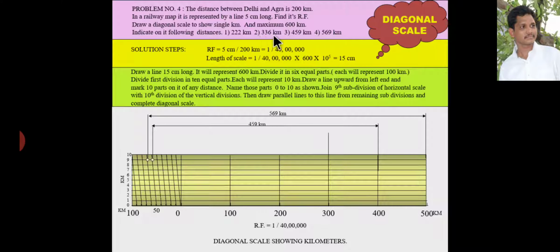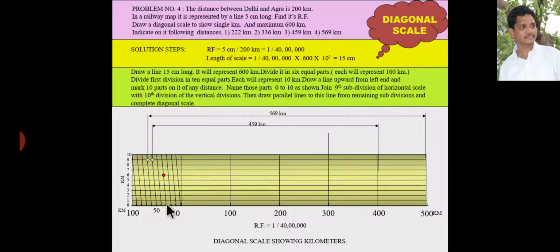Now I will represent the value of 336 kilometers on this scale. First of all, you have to divide this 336 into 300 kilometers plus 30 kilometers plus 6 kilometers. So first of all you have to show the value of 36 kilometers on this scale. So 3rd line and 6th line.